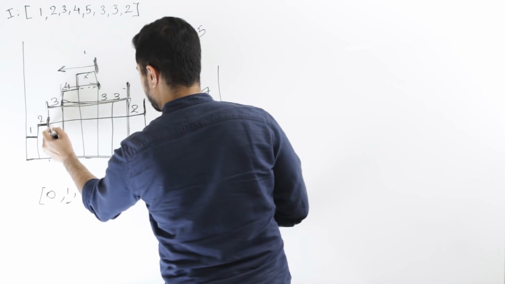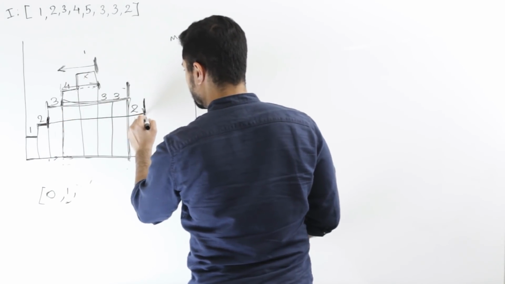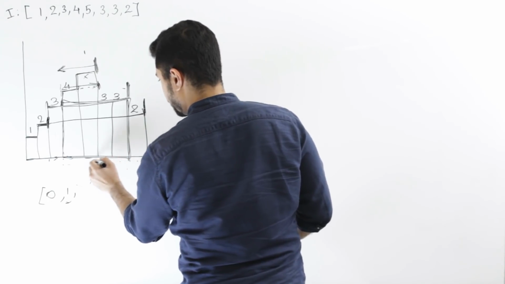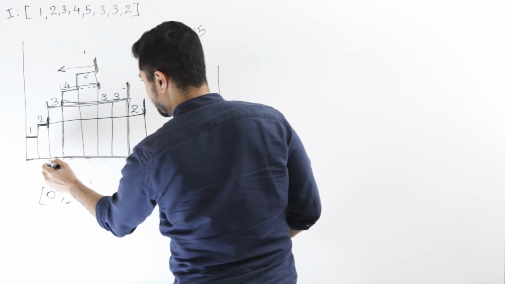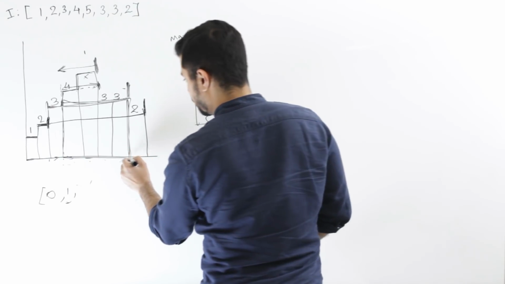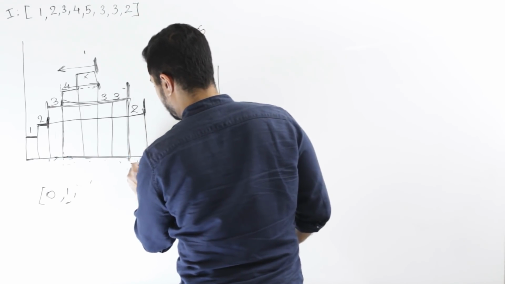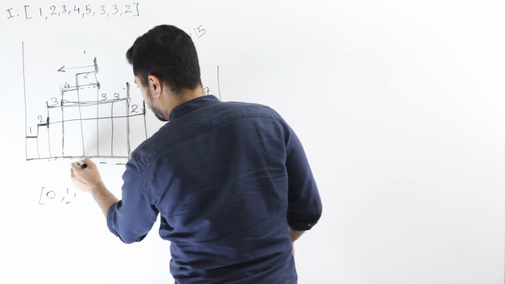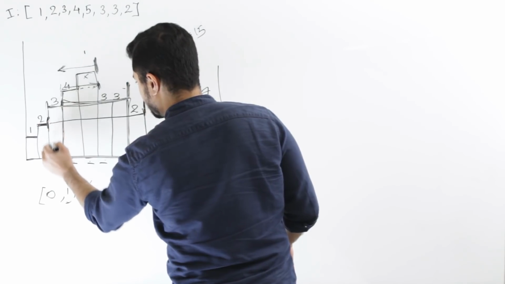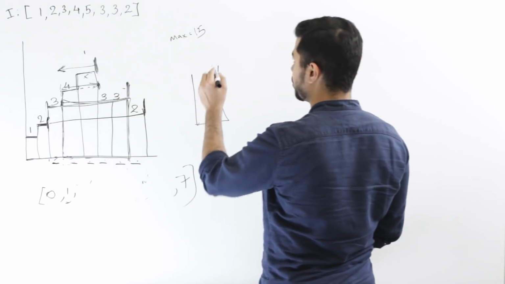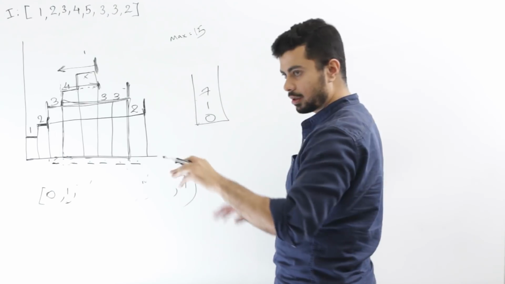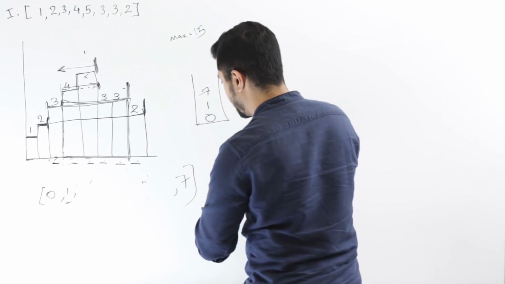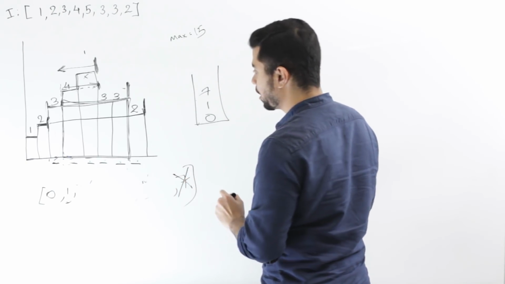So I'll need to stop right there. So I'll have 1, 2, 3, 4, 5, 6. Yes, I'll stop right there. So I'll have 6. 6 times 2 is 12. It's still not greater than 15. So it's okay. But I'm done with this, right?